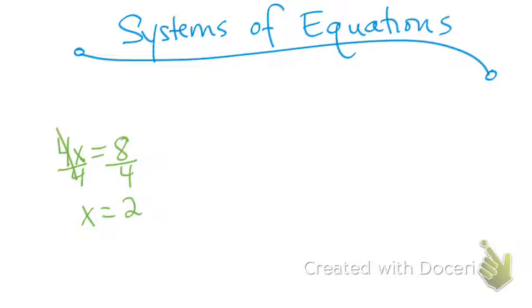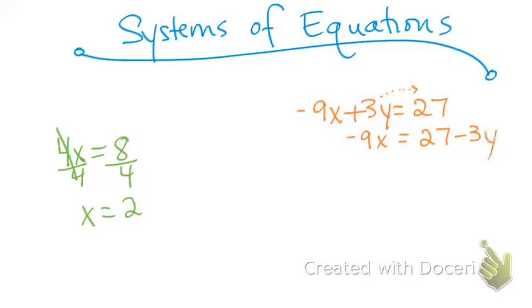But if we have more than one variable, like if I have negative 9x plus 3y equals 27, I can't just solve that for x and know exactly what the solution is. If you solve that for x, I'm going to have to move this 3y over here. So I would have negative 9x equals 27 minus 3y.